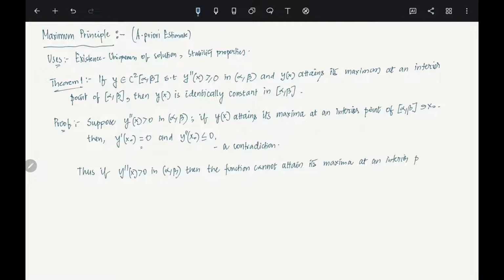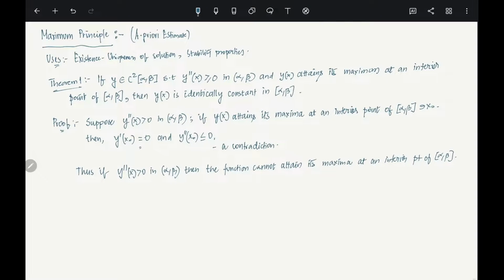I hope this is clear to you. In that case it has to be constant; there is no other way. So if y double prime of x is greater than 0, it cannot have a maxima at an interior point.